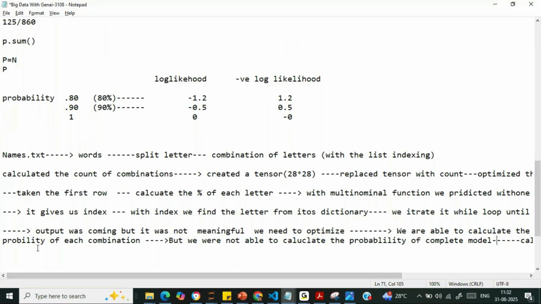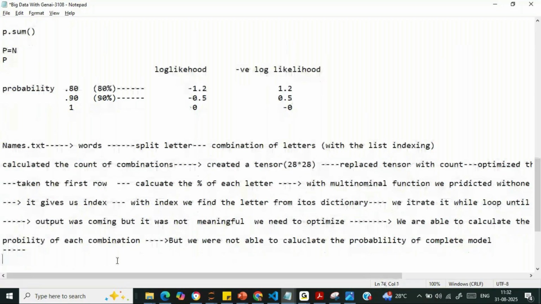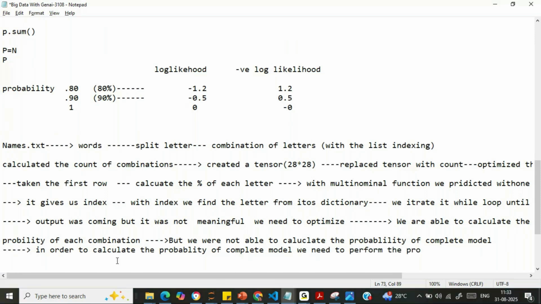That is perfectly fine. So for this, in order to calculate the probability of the complete model, we need to perform the product, but it will be a very small number.